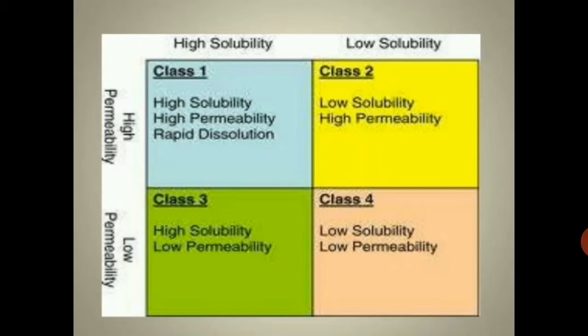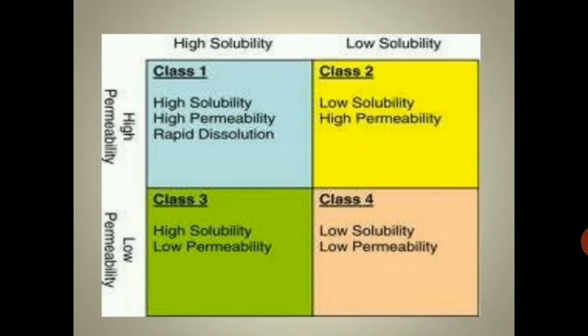Class 2, high permeability and low solubility. Examples are aceclofenac and glibenclamide. The bioavailability of those products is limited by their solvation rate. A correlation between the in vivo bioavailability and the in vitro solvation can be found.